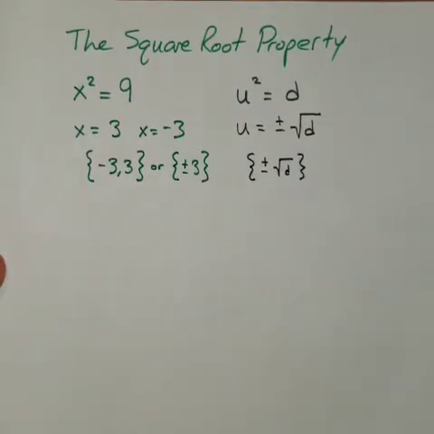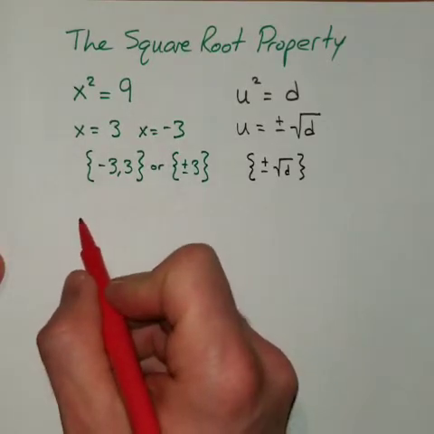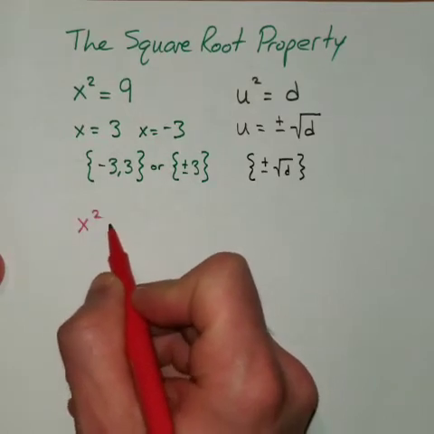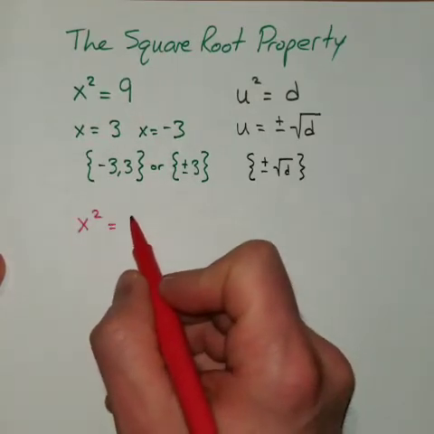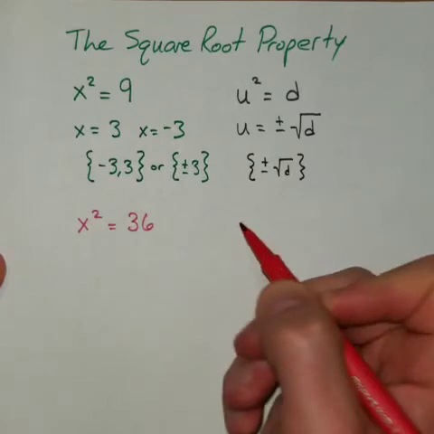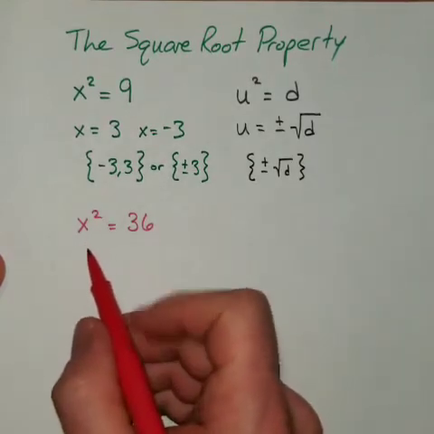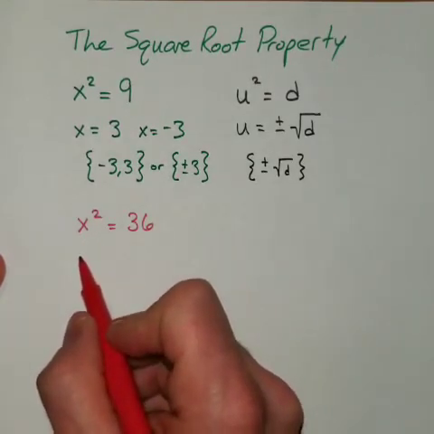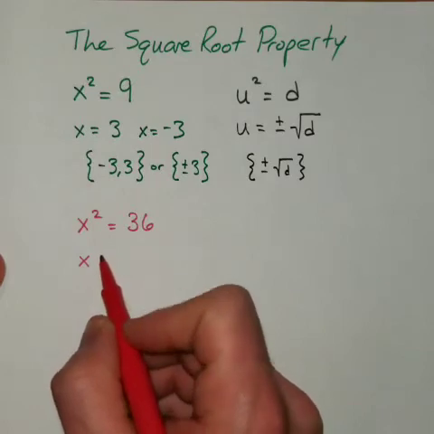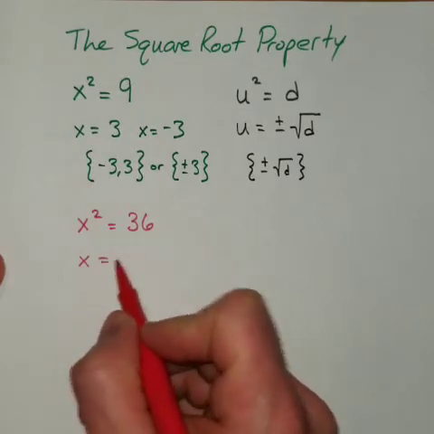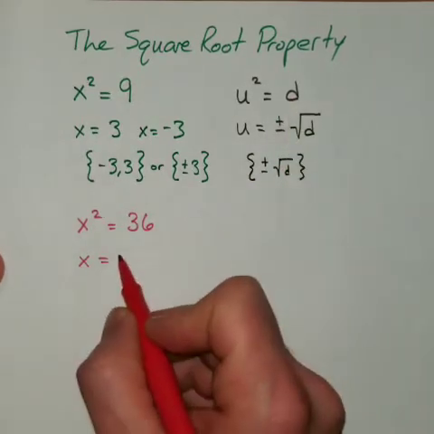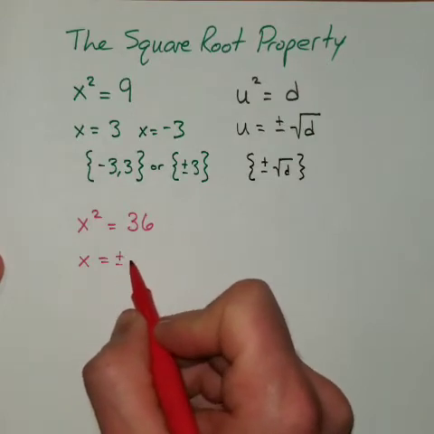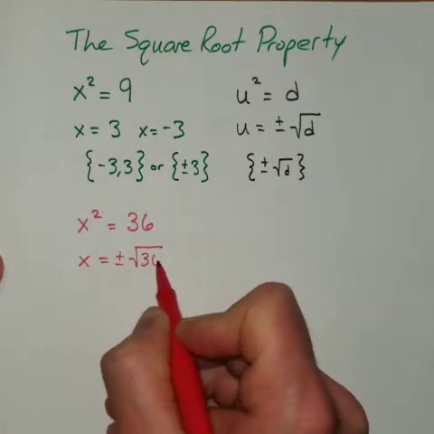Now we can apply this to many other problems that are similar. So something like solving x squared equals 36. So here I could take x, let's see, x equals, using our square root property, you might see it as plus or minus the square root of 36.